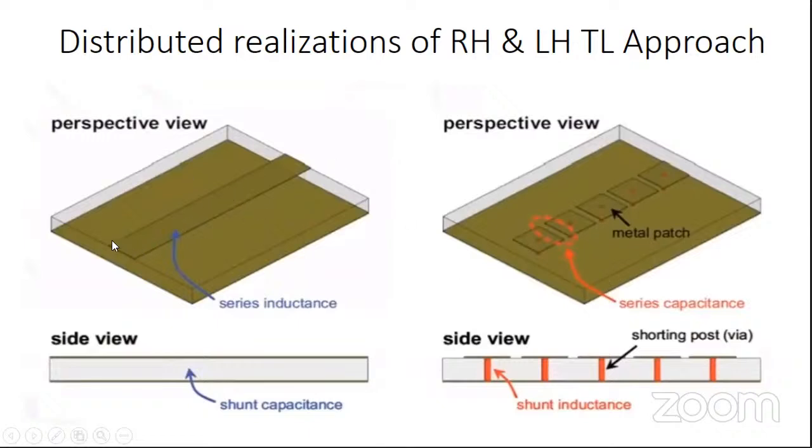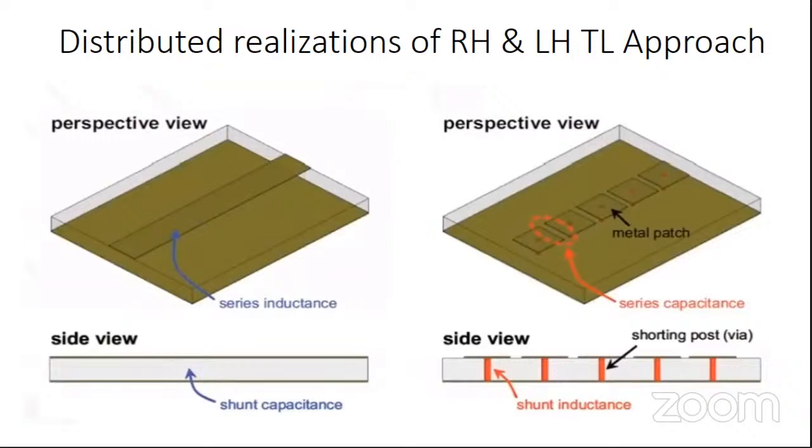You just have to split the metal line existing on the top, like this. There is a gap between the unit cells. I can say this is a single element, a unit cell, and there is a gap between the adjacent unit cells. That gap acts as a capacitance.